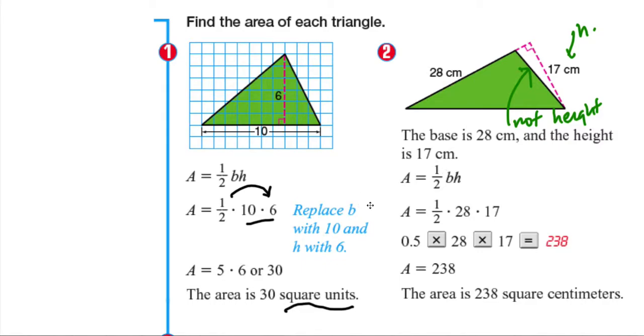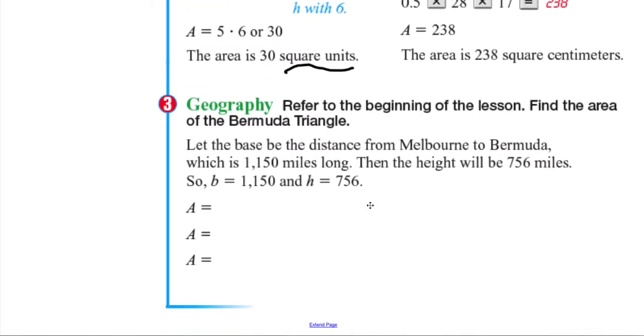Let's take a look at example number 3. Refer to the beginning of the lesson. Now we want to find the area of the Bermuda Triangle. Let the base be the distance from Melbourne to Bermuda, which is 1,150 miles long. Then the height will be 756 miles.